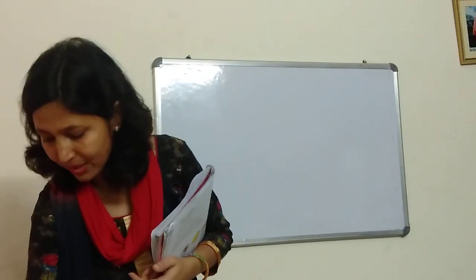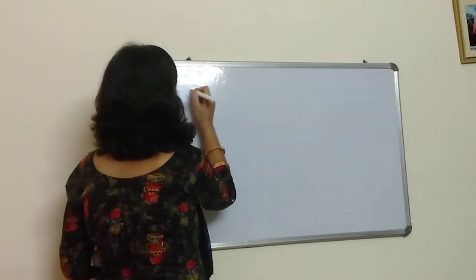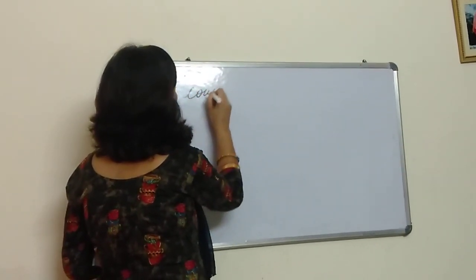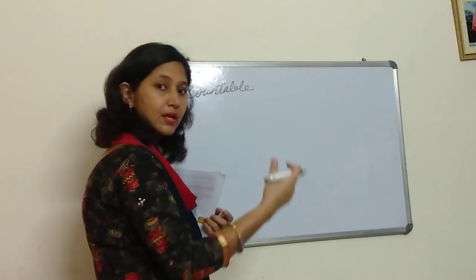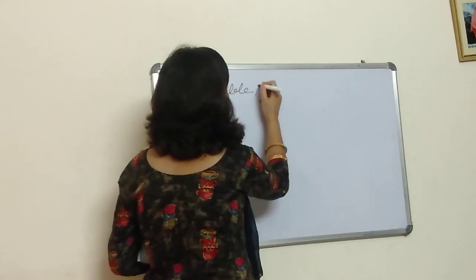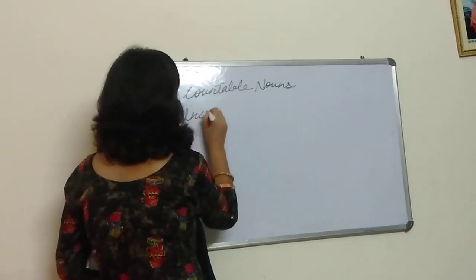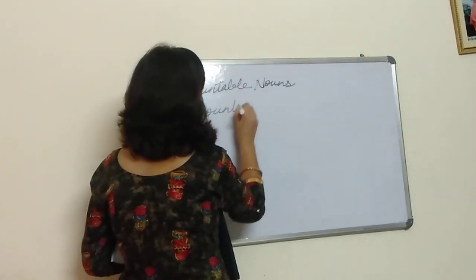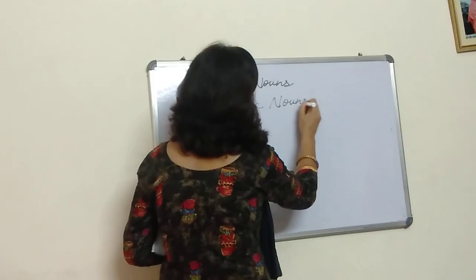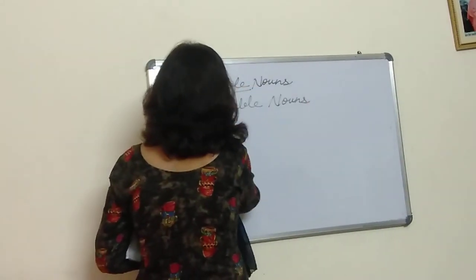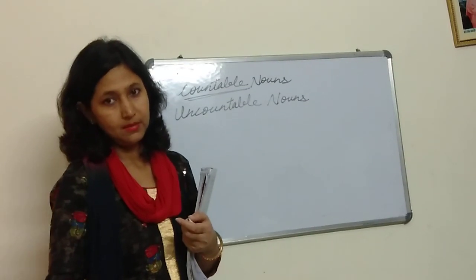So now there are two types of nouns. Countable nouns. In this chapter we will also read about countable nouns and uncountable nouns. Can you tell countable nouns? Yes.